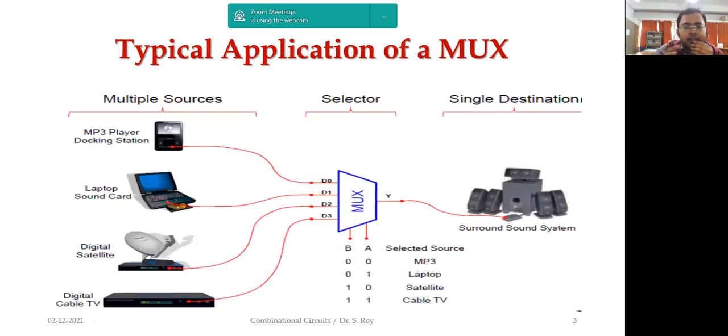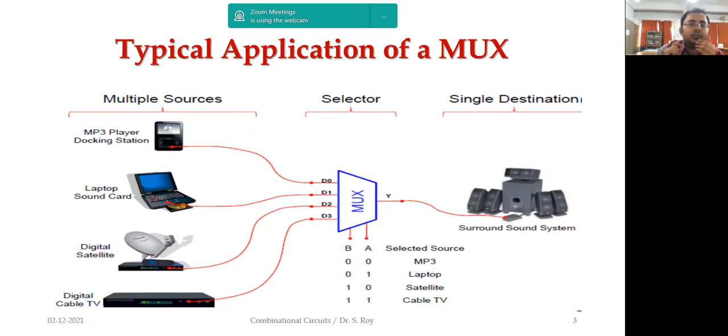Now, if I give a practical application or example of a multiplexer, we can say we have a sound system. To act as inputs of that sound system, we have multiple sources. I can play music through a mobile phone, through my laptop, I can connect a satellite set-top box, or I can connect a digital TV.